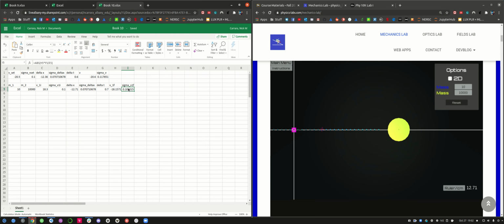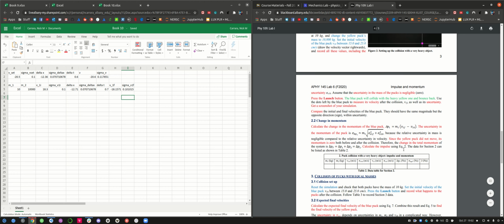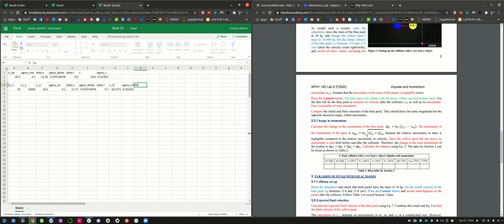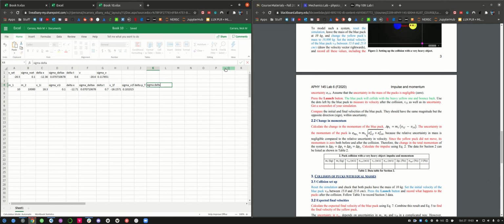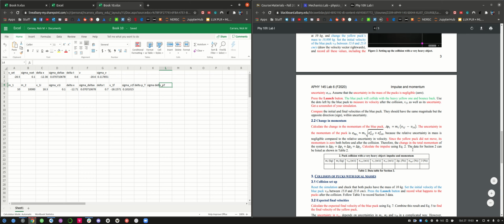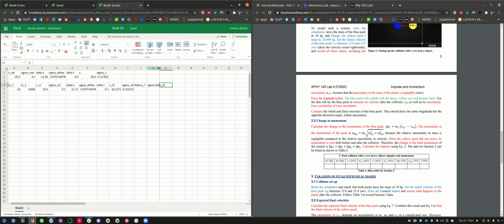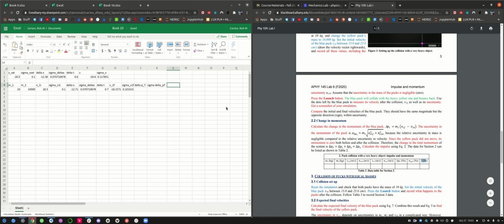So that's well within the uncertainty. And then it wants us to calculate the total change in momentum. So this is delta p total. And then the uncertainty in that. And then the impulse. So J here is the impulse.